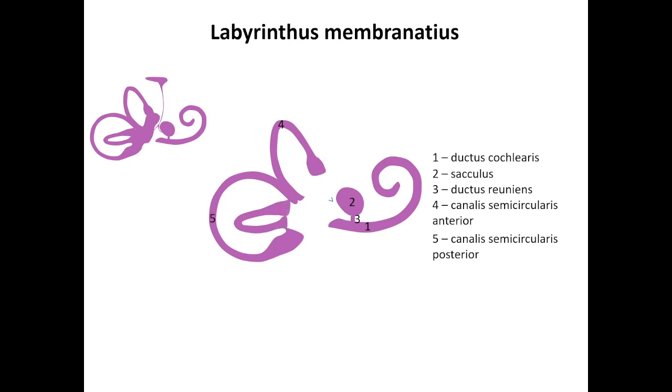Canalis semicircularis lateralis. Anterior, posterior, and lateralis. There are 3 canales semicirculares, but only 5 openings of them into vestibulum. Not 6, but 5.